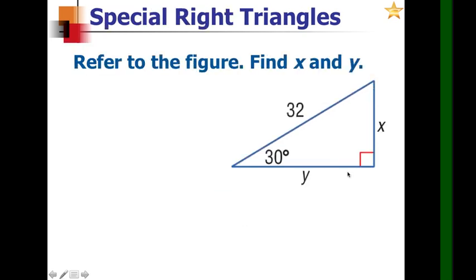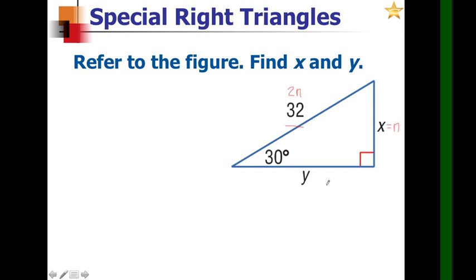Refer to this figure, x and y. So let's solve for the x and the y given our hypotenuse, this one is 32, right? So this is equal to 2n. So what do you think now is 30? 30 is equal to n, right? So to get the n, what are we going to do with this 32?